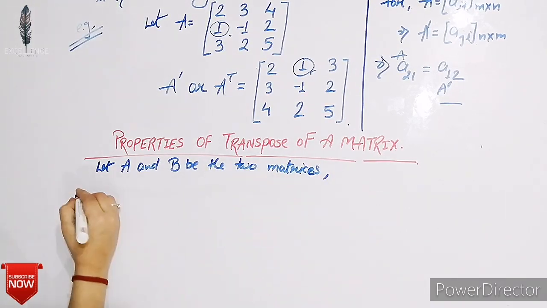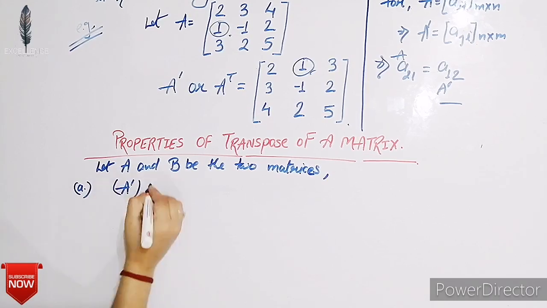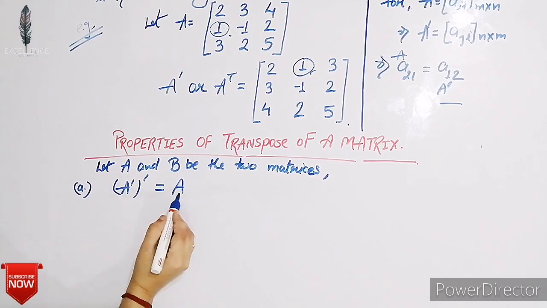Then the first property is A dash whole dash, transpose of transpose of A, is equals to A.